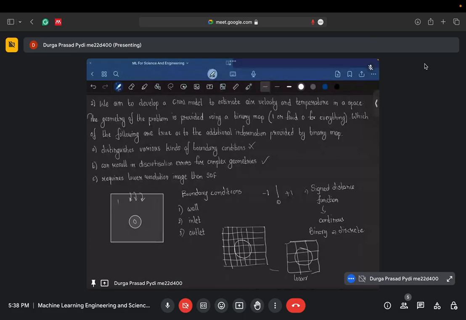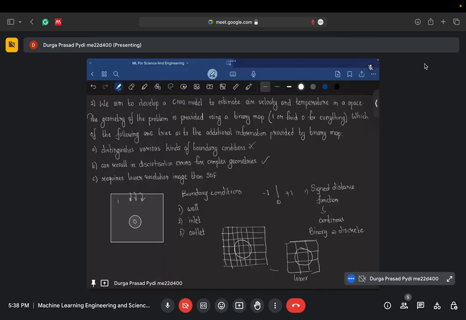If the size of each particular unit increases, then your resolution is reduced. So if I am using signed distance function and binary map, which one of these two will require a high resolution or lower resolution for the same kind of output? Is the question clear?